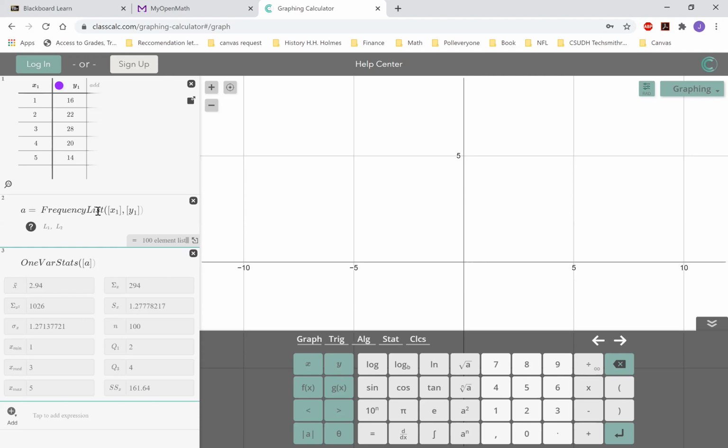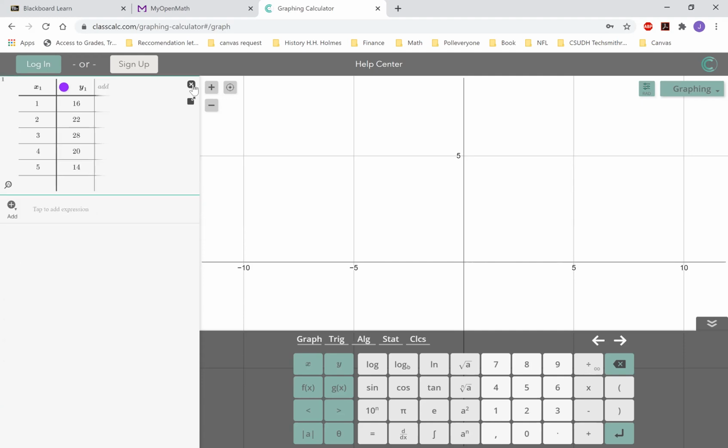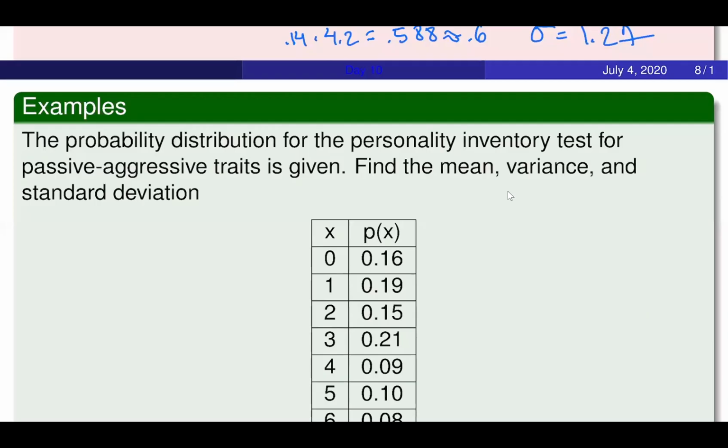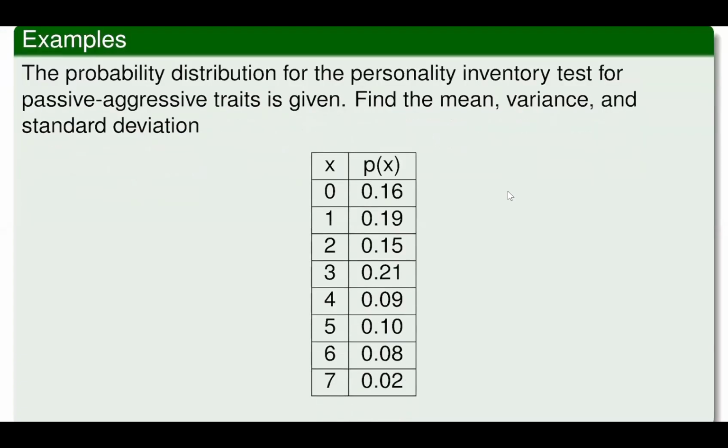All right, so let's go to the next problem. For the next problem, you're gonna do this one in ClassCalc. So let me go back to the problem. We're gonna find the mean, the variance, and the standard deviation.